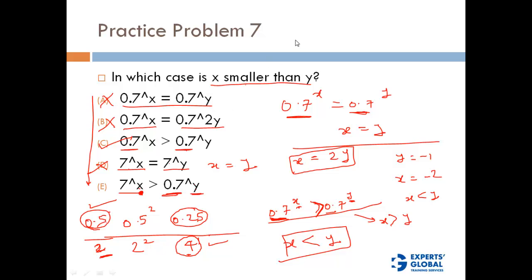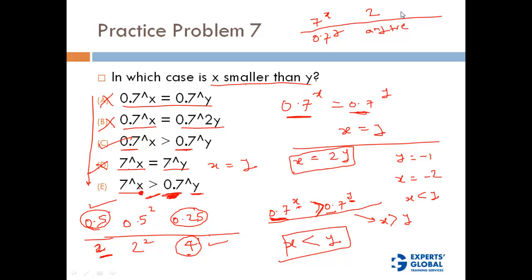Let's say for example we have 7 raised to x and 0.7 raised to y. We can always have x as 2, right, and y any positive number, which is going to exhibit this relationship, because then 7 raised to 2 is going to be 49, and any positive power of 0.7 is going to be less than 49.